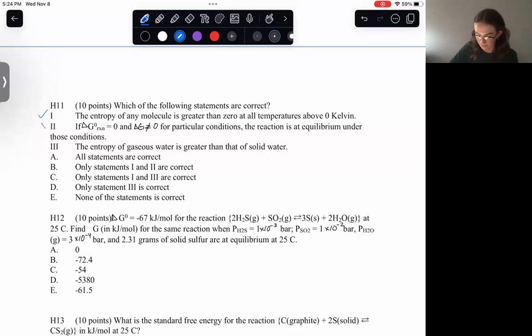No, this is false. If we were at these conditions, then the reaction is at equilibrium.